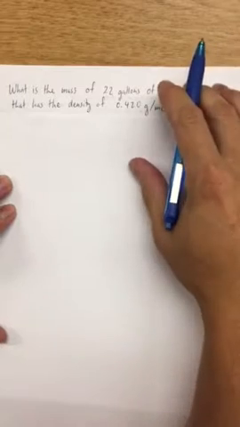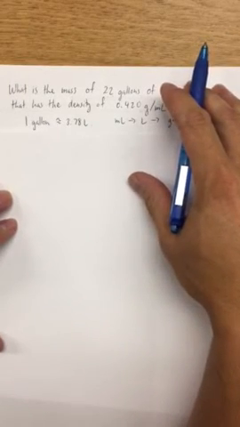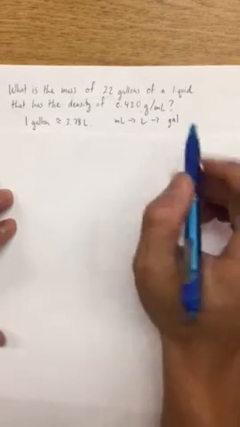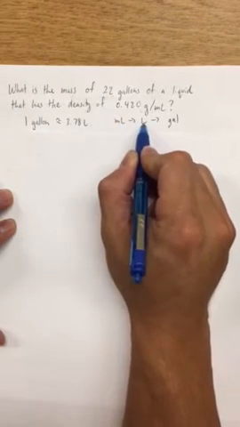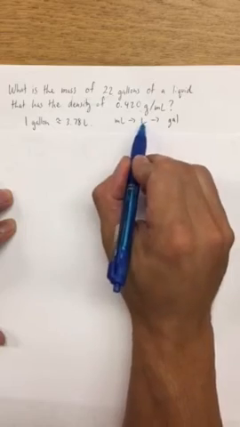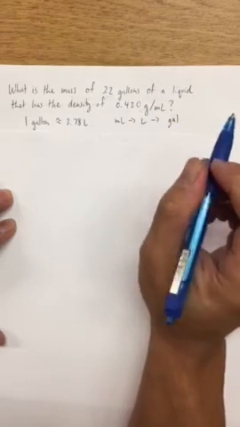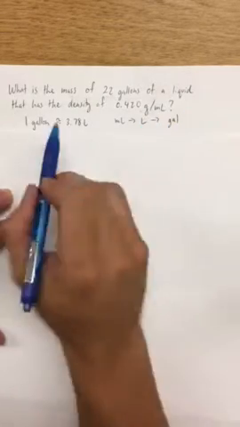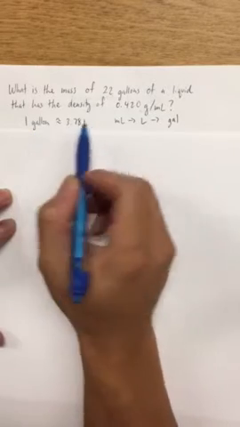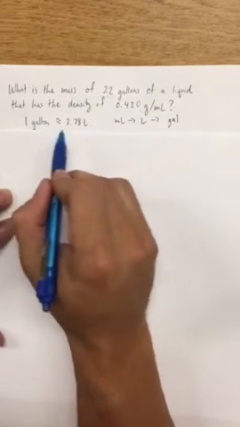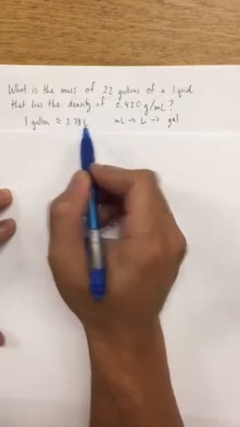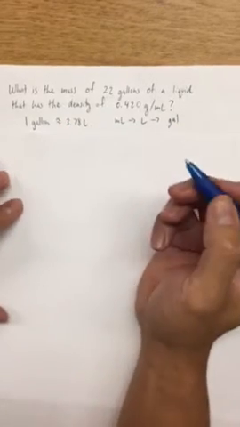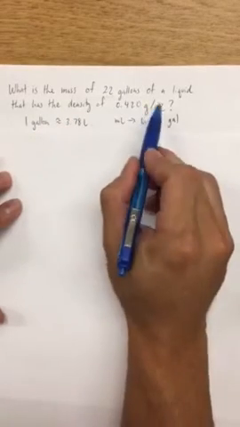And that relationship is going to be to convert from mL to L, and then to convert from L to gallon. Because in the question, it tells us that the relationship between gallon and liter is that for every 1 gallon, there are 3.78 liters.